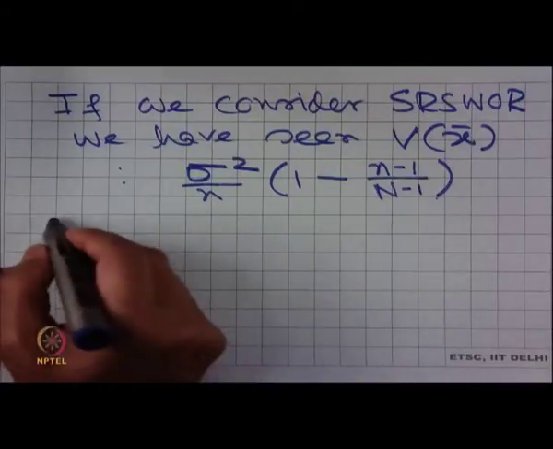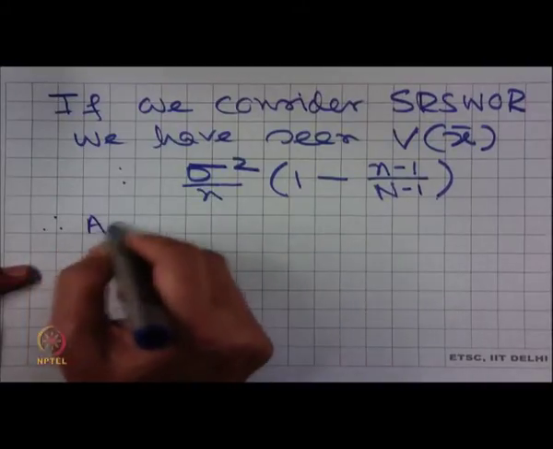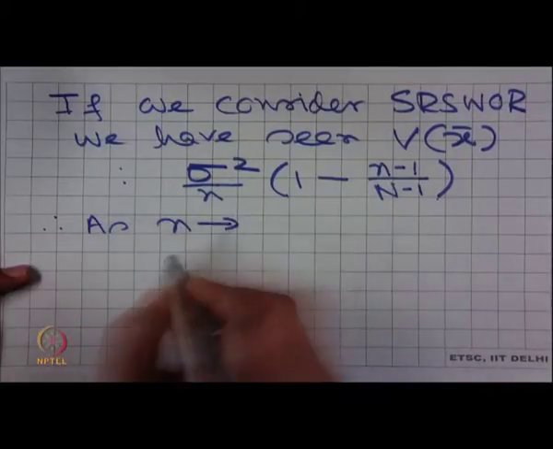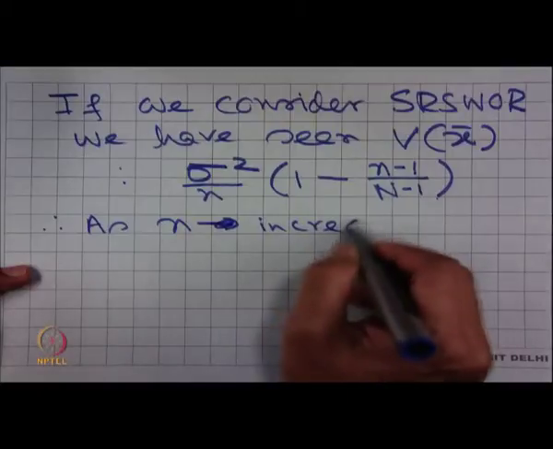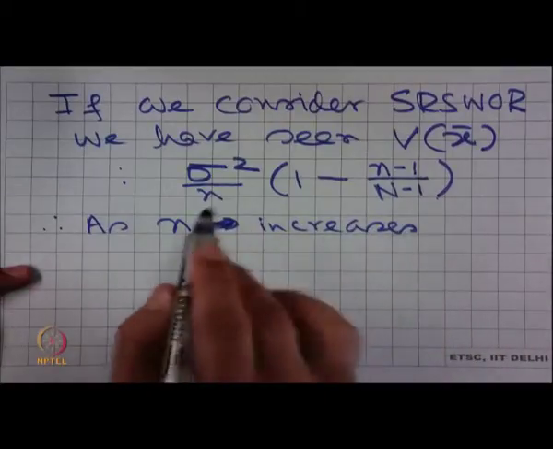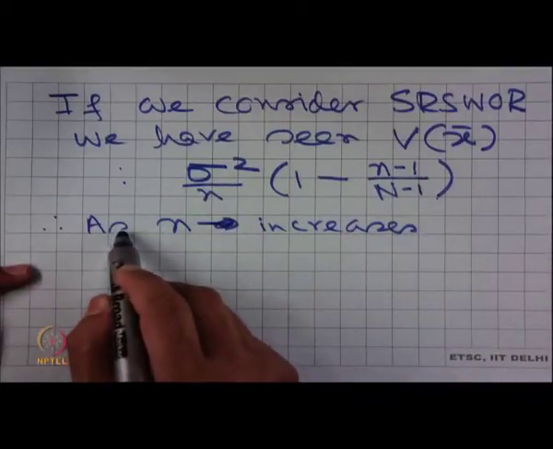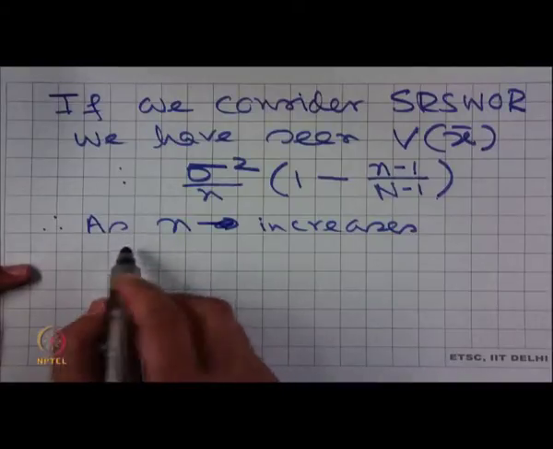It means that as n increases, the variance of x bar is getting reduced.